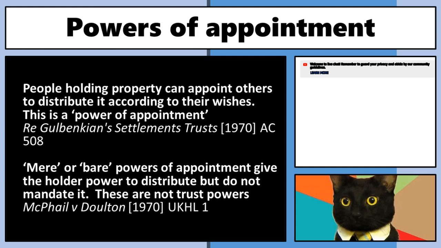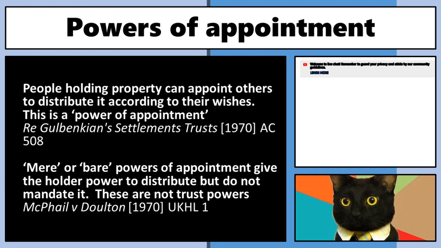I can say to James, here, take my house and in 3 years' time, give it to my son, for example. They call those powers of appointment, and they come in a few types. And it all comes down to how the power is expressed and the language that is used.